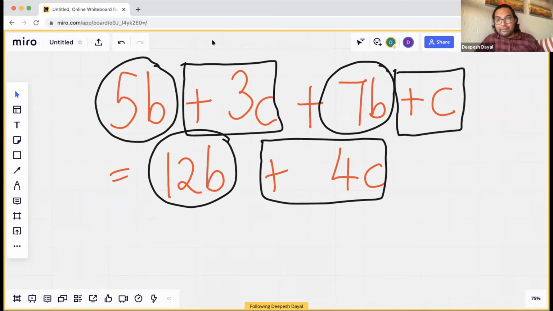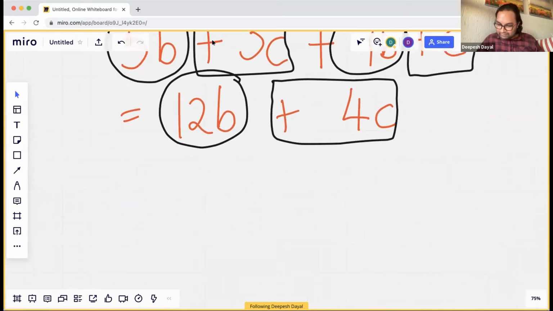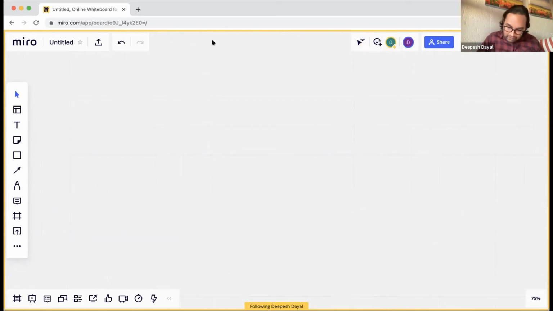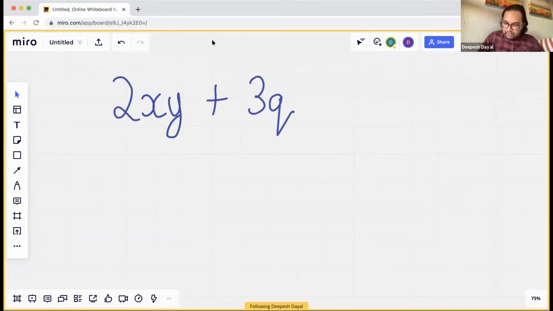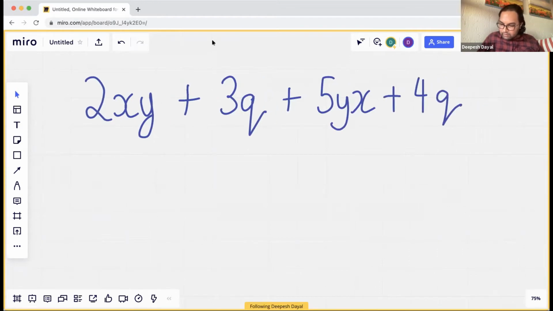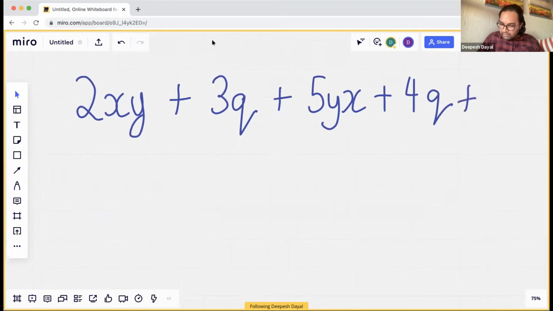Let's try another one, a little bit more complicated and longer. So I'm going to give you this: 2xy plus 3q plus 5yx plus 4q plus a.